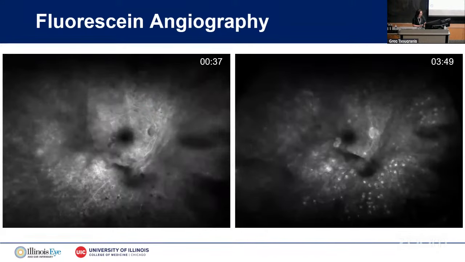On fluorescein angiography, early phase of the right eye demonstrates hypofluorescence in the area of the chorioretinal lesions. Later phase demonstrates hyperfluorescence of those same spots. The nerve demonstrates leakage, and the spots are more consistent with staining.